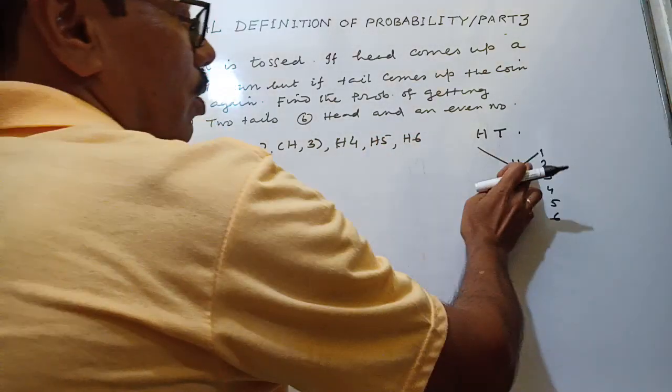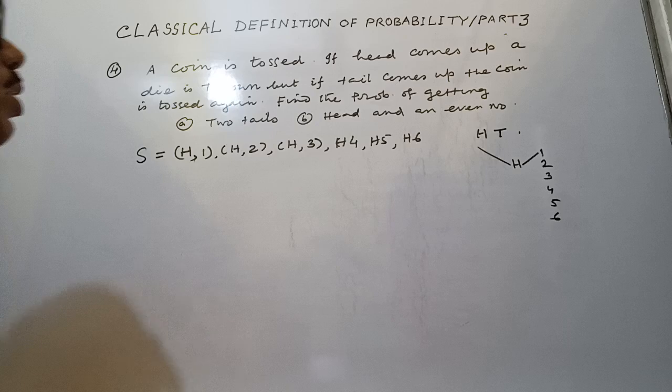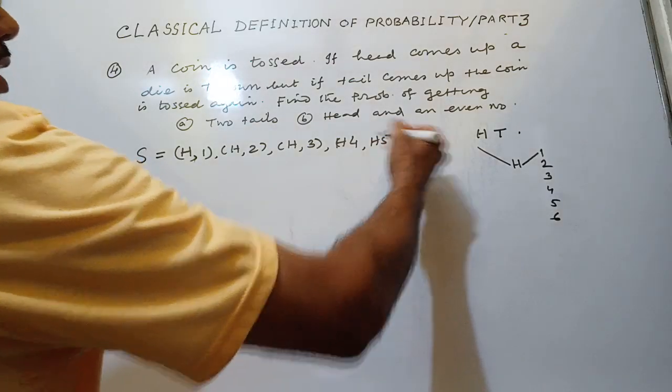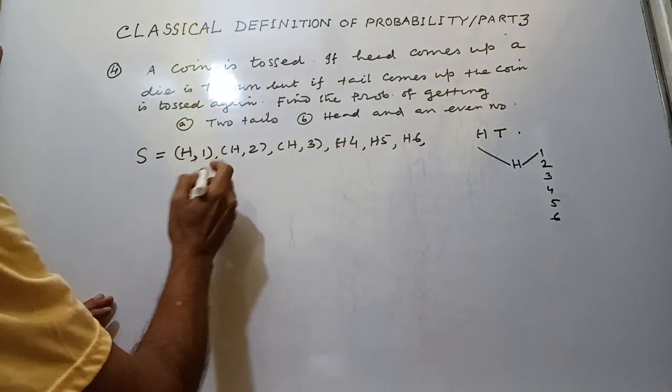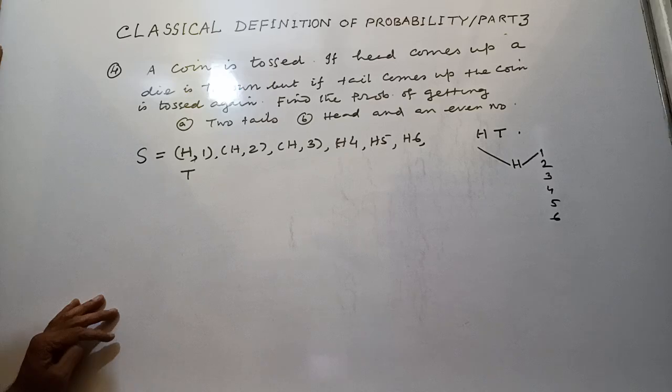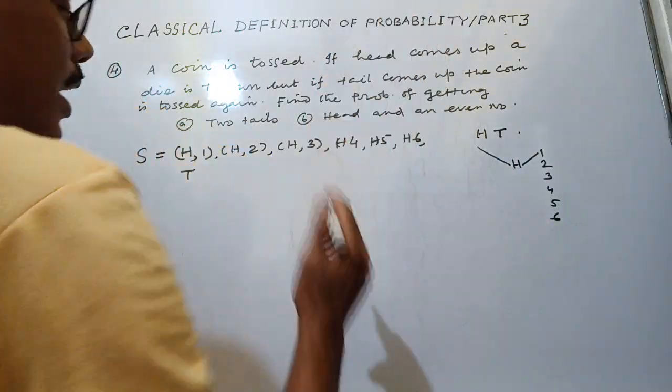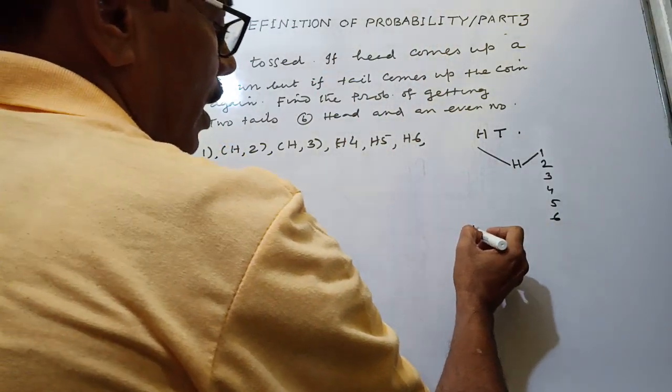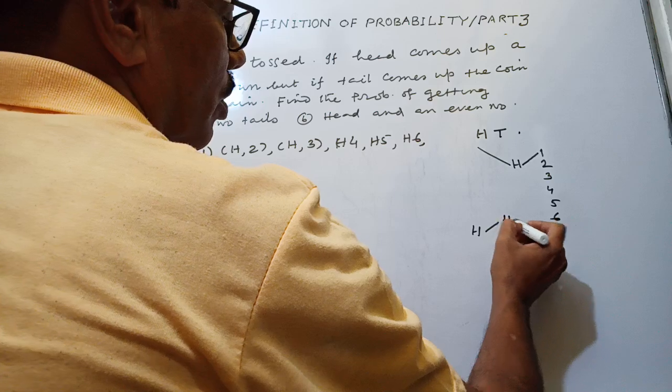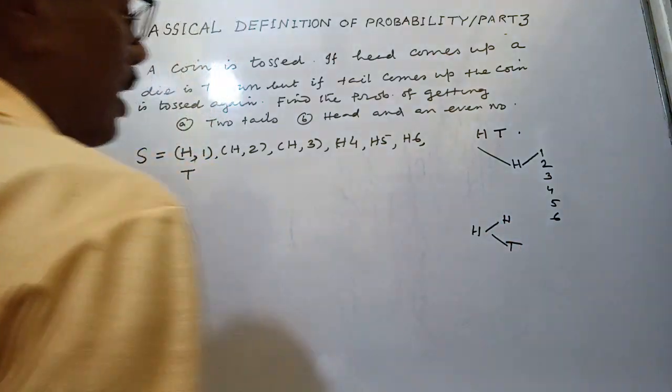If tail comes, then a coin is thrown again, head and tail.